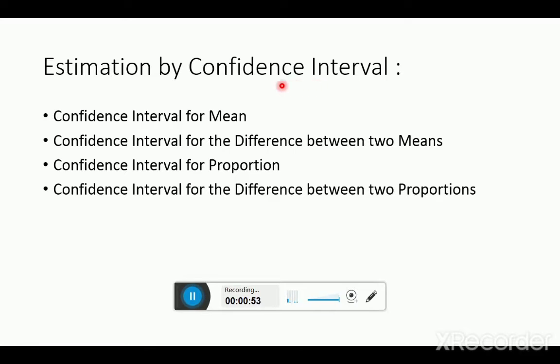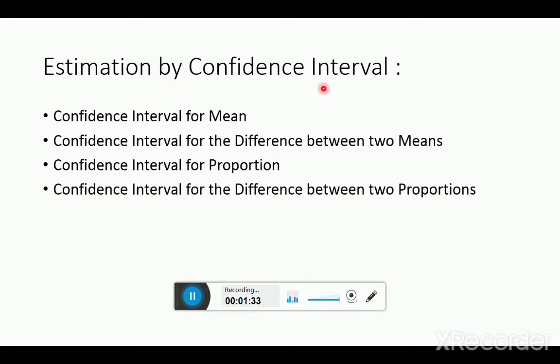An interval, a range about which we are sure, or the surety level, is known as the confidence level about an interval or interval estimate. That confidence level can be 90%, 95%, or 99%. So an estimation that we predict for an interval about which we have a surety level is known as a confidence interval estimation.